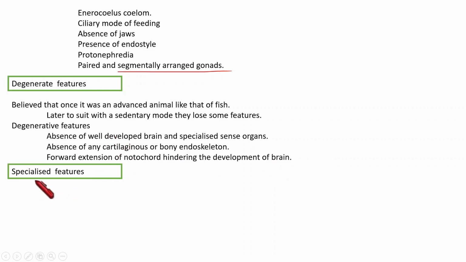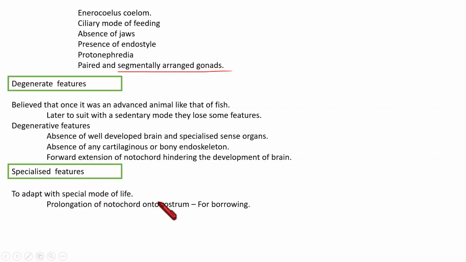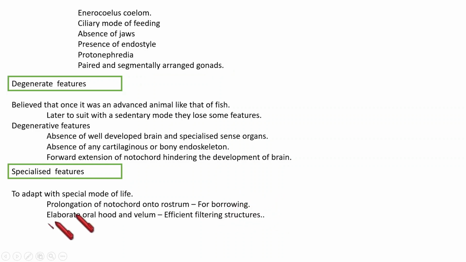Then it possesses certain specialized features to adapt to its special mode of life. Which are those specialized features? Prolongation of notochord. That prolongation of notochord is an adaptation that is helping it for burrowing, to dig burrows in the sand to remain during the daytime. And elaborate oral hood and velum.